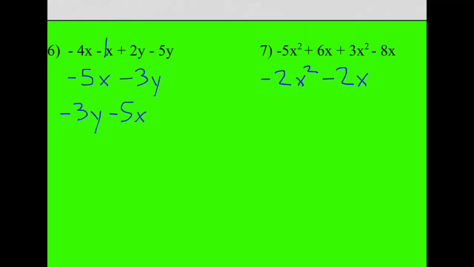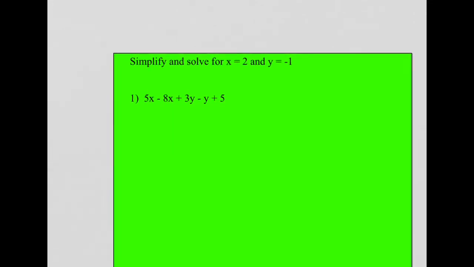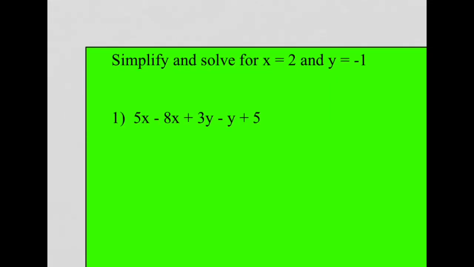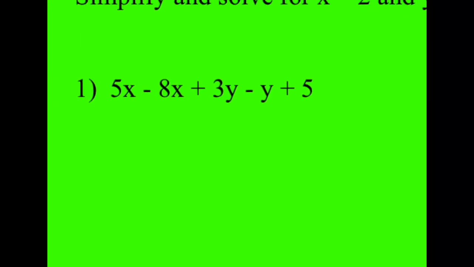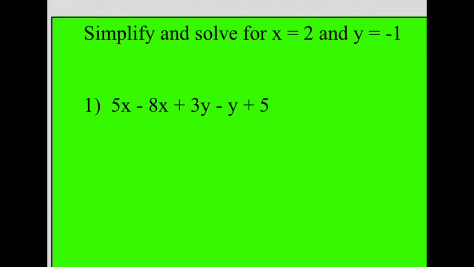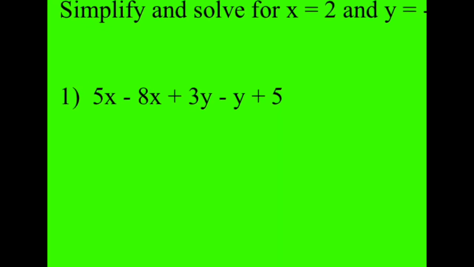All right. Let's look, I believe, at just one more. Now look at this question. It says simplify and solve for x is equal to -2 and y is equal to -1. So we're going to simplify this long expression first, and then we're going to use something we already know. We're going to substitute values in for x and y.